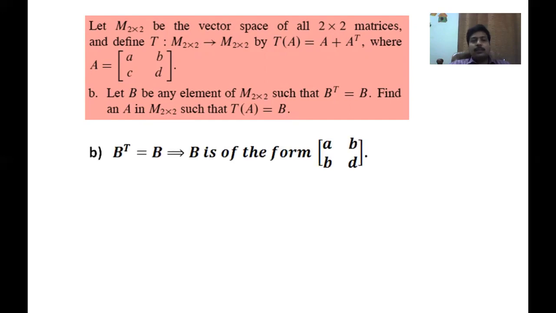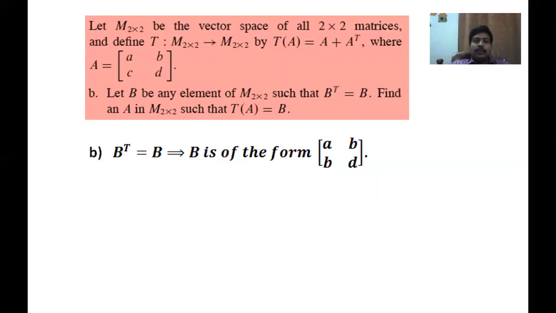So B transpose is equal to B implies B is of the form [A B; B D]. Any typical element in M2 by 2 is of the form [A B; C D], and its transpose is [A C; B D].